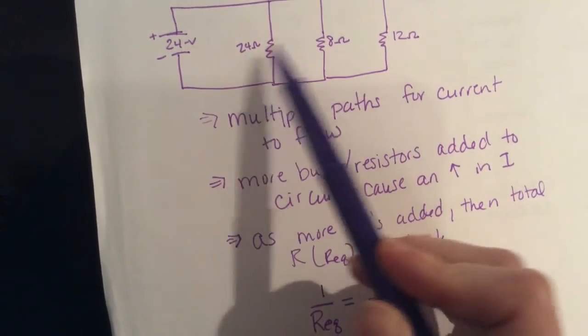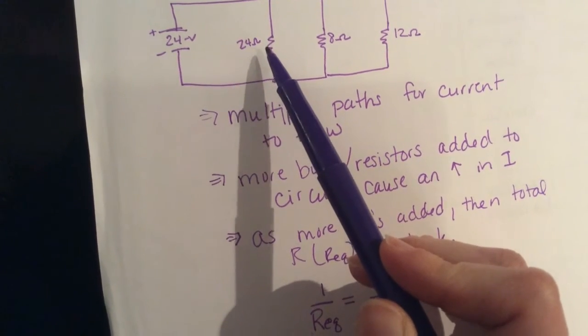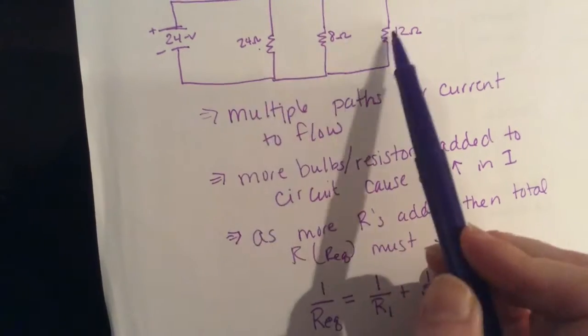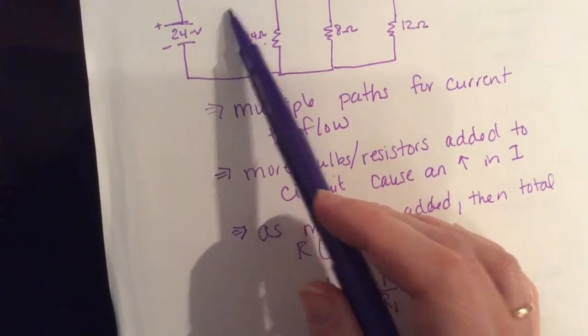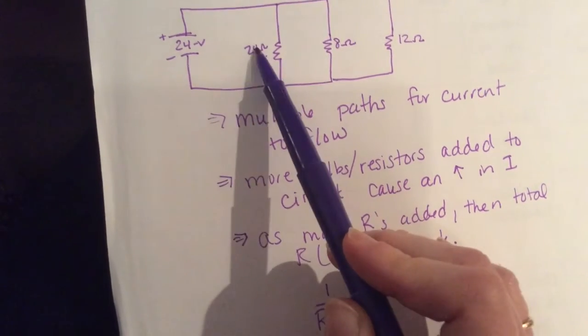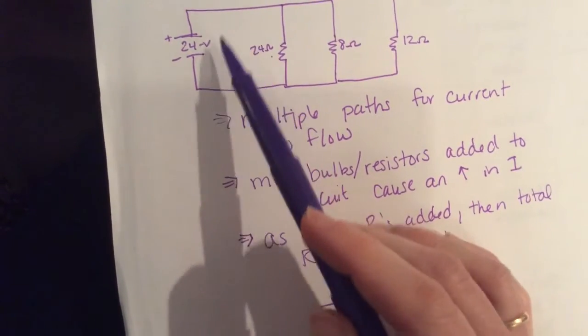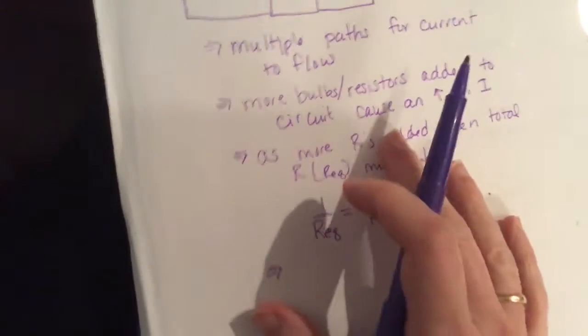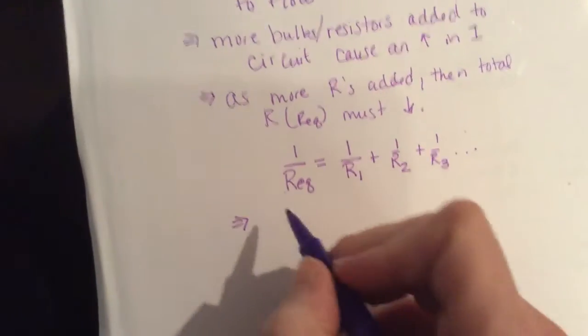As you think about your homework last night, how do this current, this current, and this current compare to the total? They add up. Whatever this current plus this current plus this current is must be the current coming out of the battery for the whole thing. So instead of being the same everywhere, it is different.